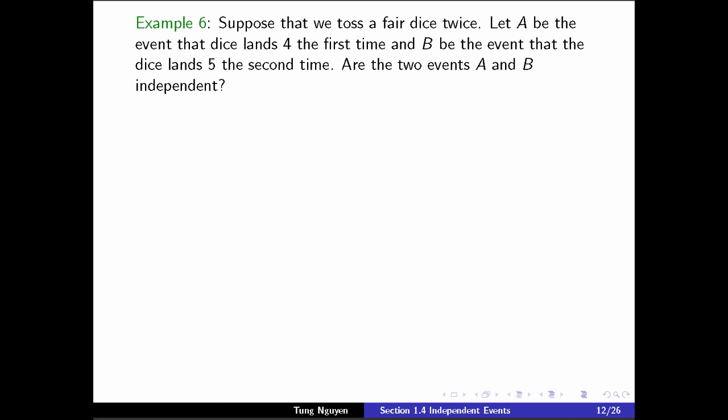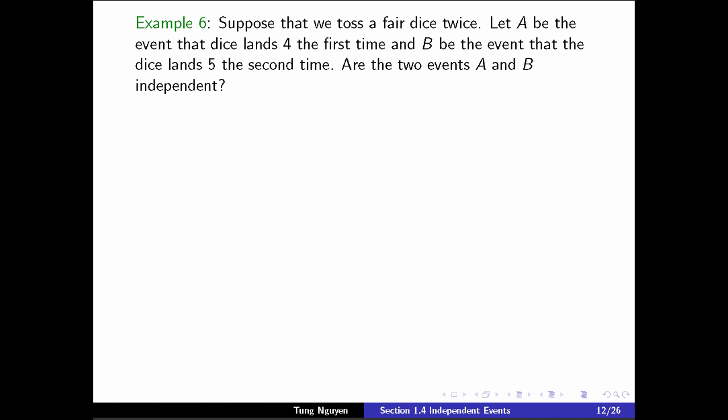In example 6, we also toss a fair dice twice, and let A be the event that the dice lands 4 the first time, and B be the event that the dice lands 5 the second time. We want to know if A and B are independent.